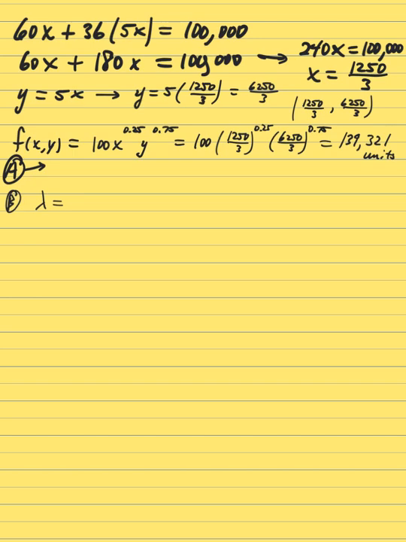From the slide before, using either one of your partial derivatives results, you can write lambda equals, one of them we had was 5/12 x to the 0.75 over y to the 0.75.